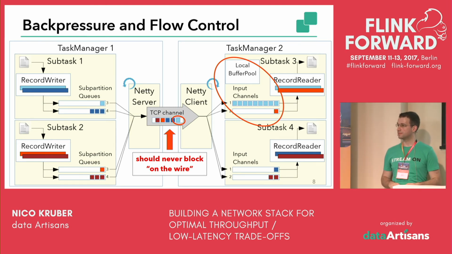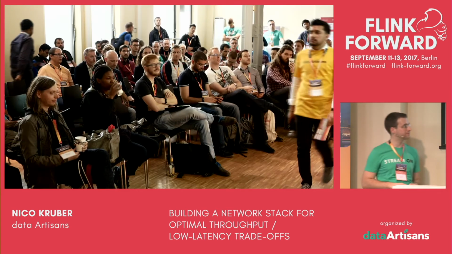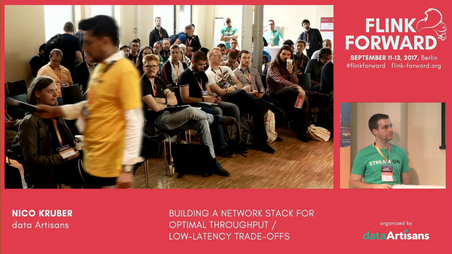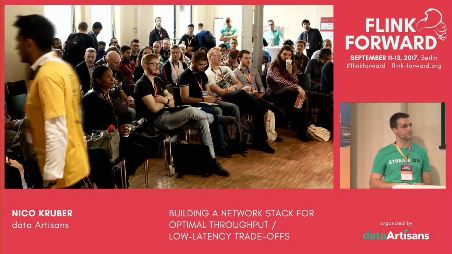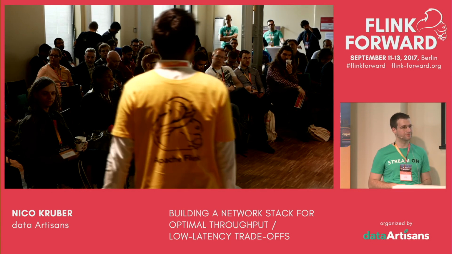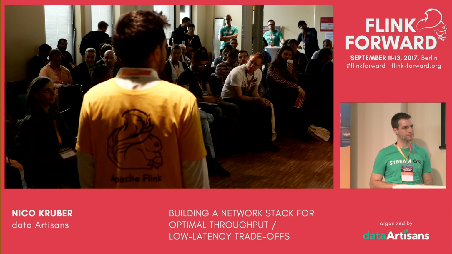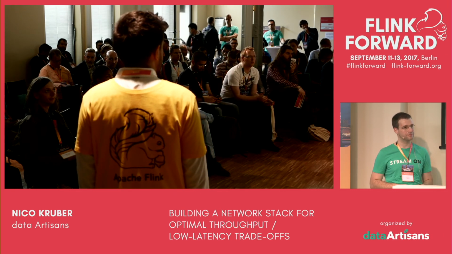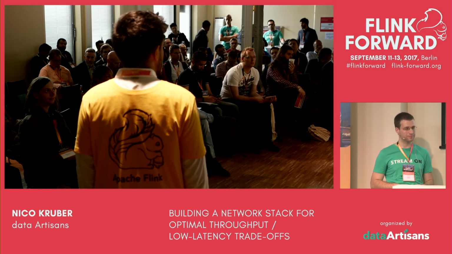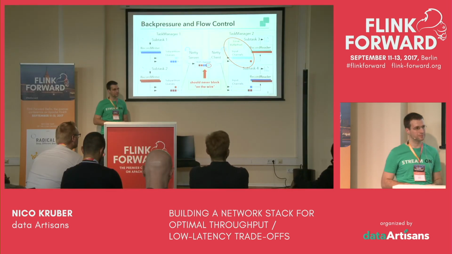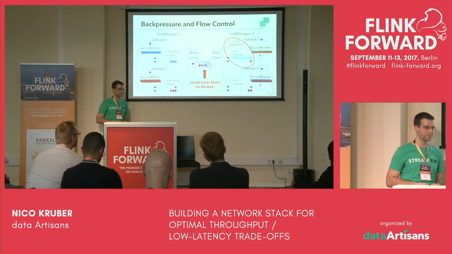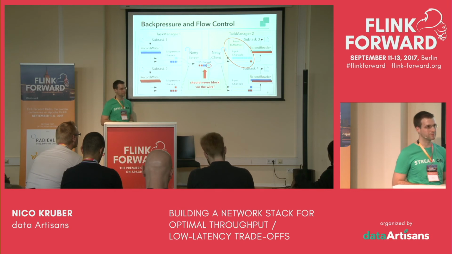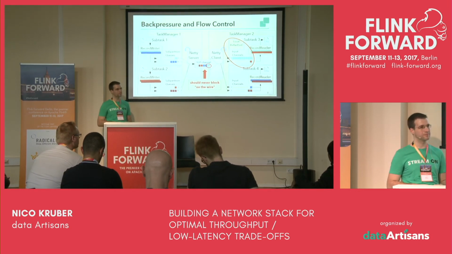Any other question? I think there. Thanks for the talk. It was really interesting. You said that in the old output flusher way, you could configure between low latency and high throughput. But right now, your measurements also show that it's a straight line, so you cannot really configure it.